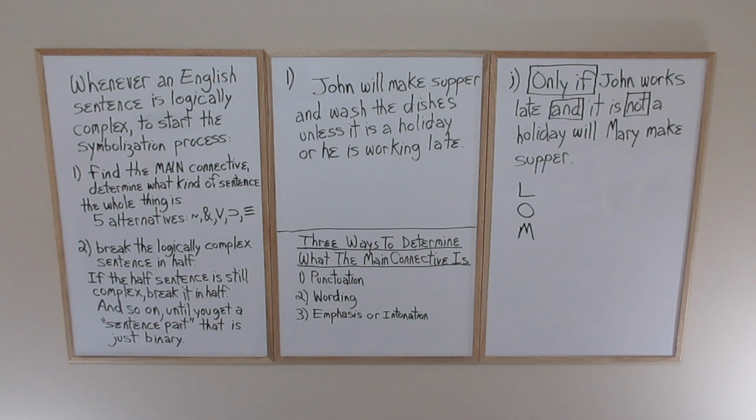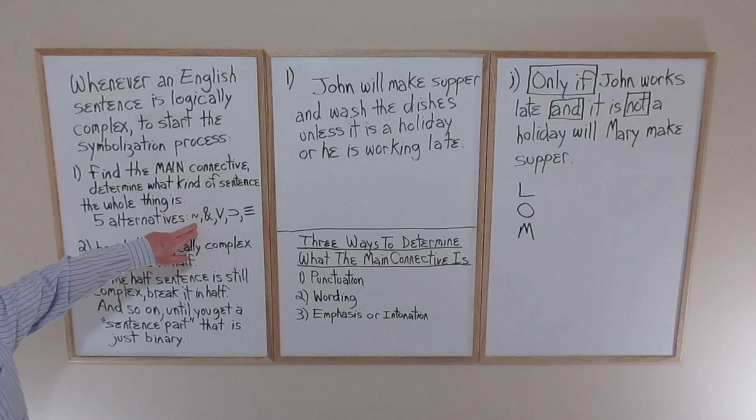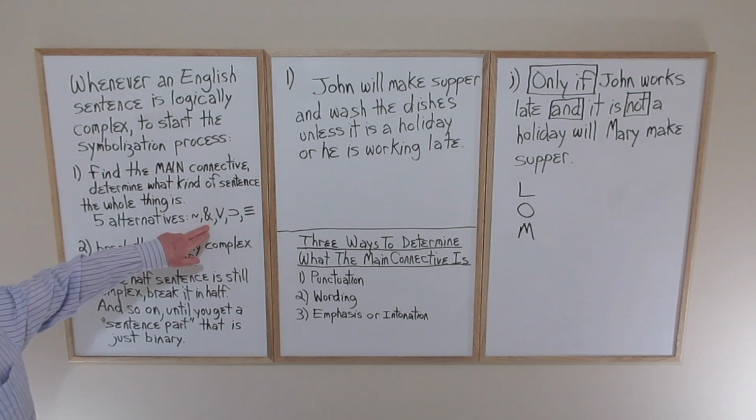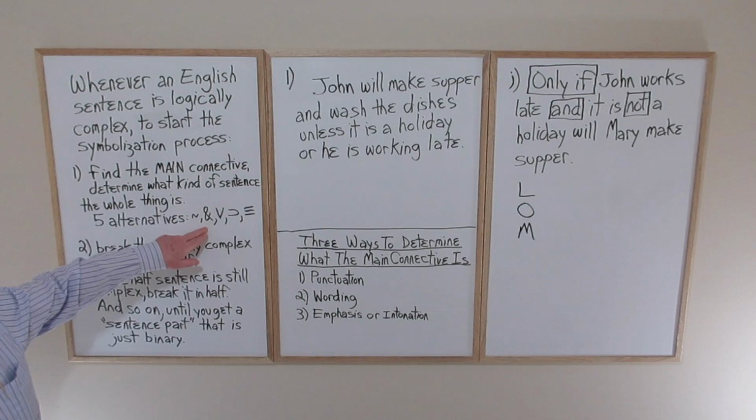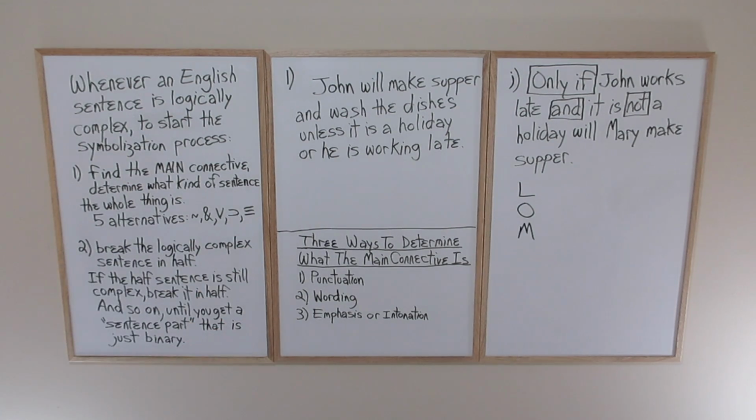So anytime you have a long, complex sentence, there are 5 alternatives as far as answers to the question, what kind of sentence is this long string of words? It could be a negation, in which case the tilde would be the main connective. It could be a conjunction, in which case the ampersand would be the main connective, and so on.